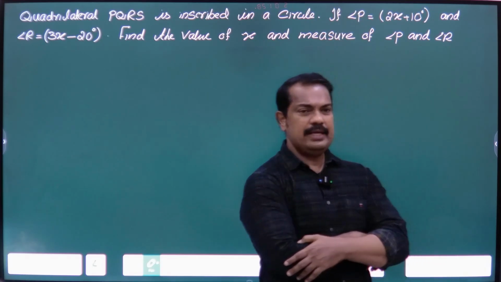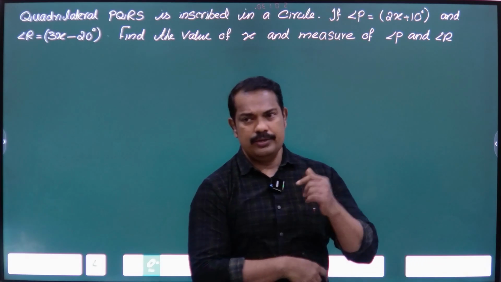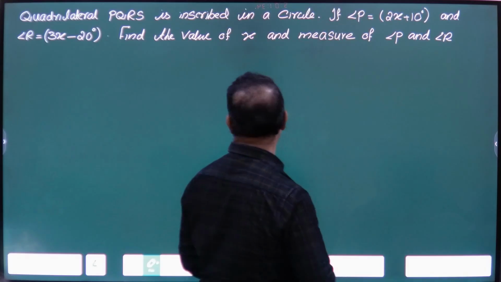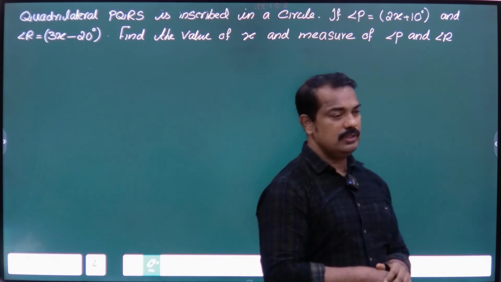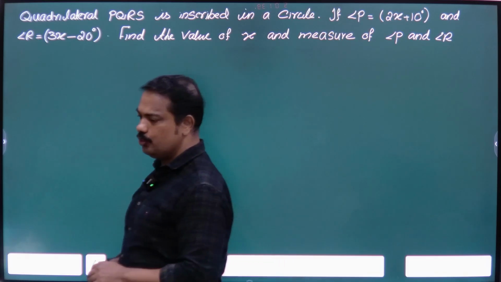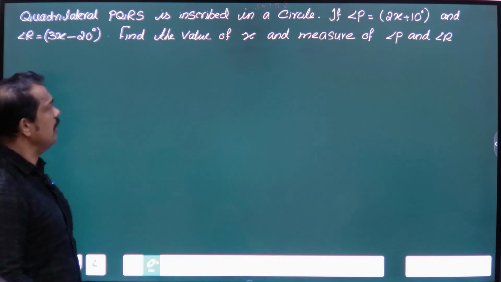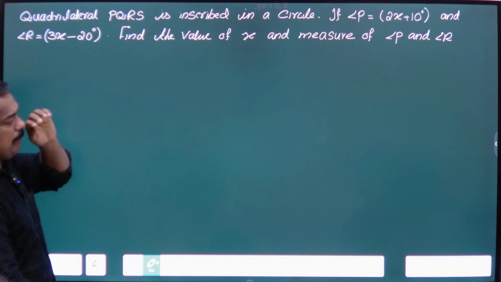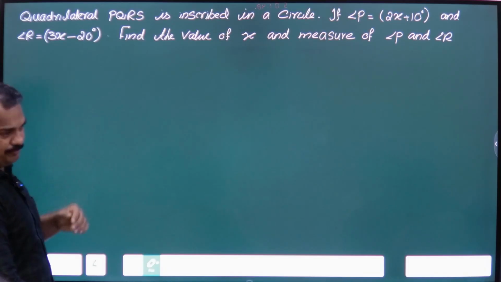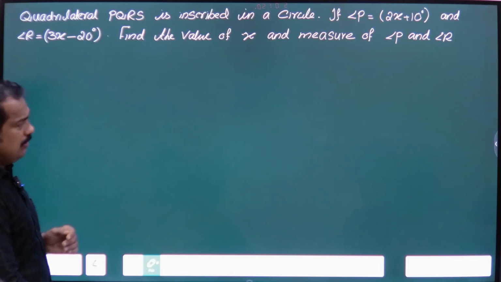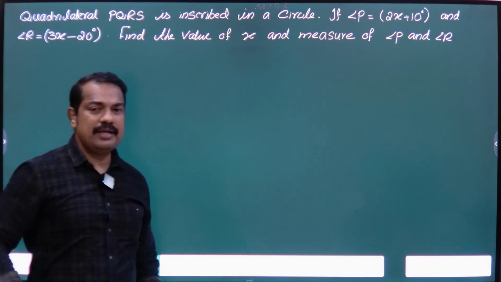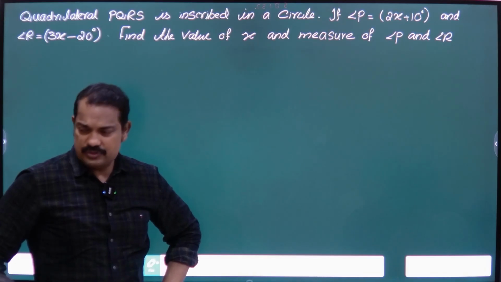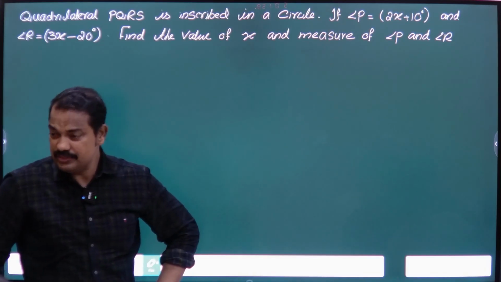If angle P is equal to 2x plus 10 degree and angle R is equal to 3x minus 20 degree, find the value of x and measure of angle P and angle R. What is the sum of angle P and angle R here? 180 degree. Why? Sum of the opposite angles of a cyclic quadrilateral is?